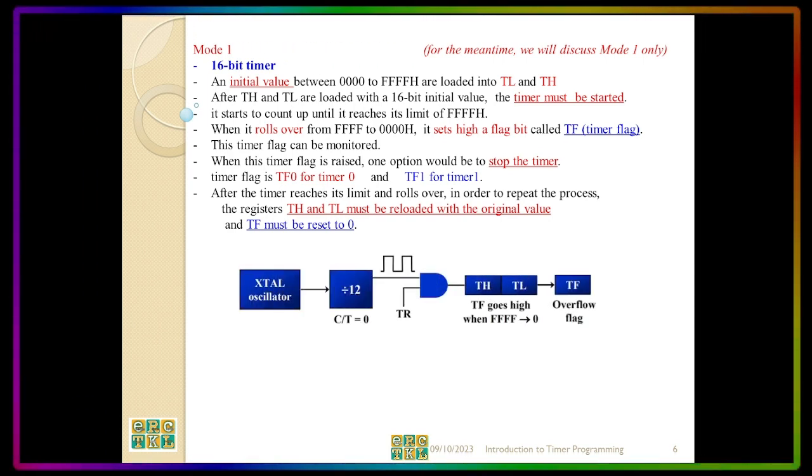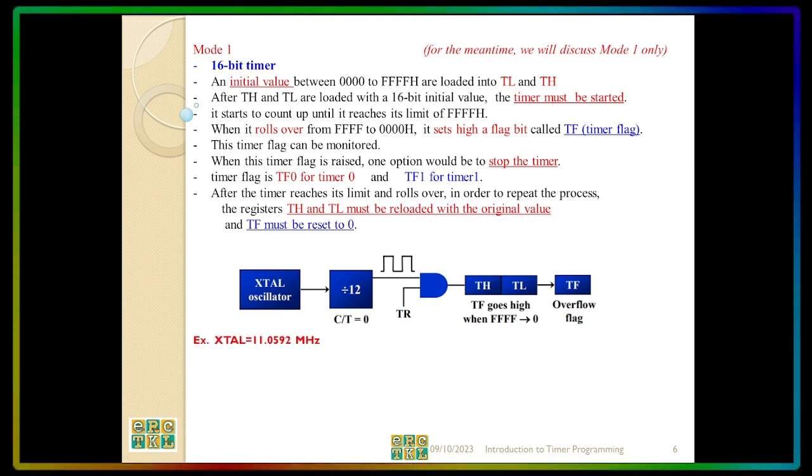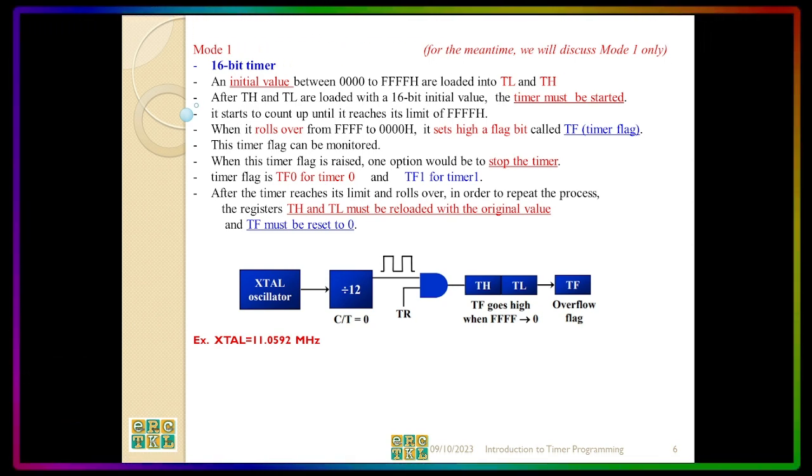So this is a figure to represent what's happening with our timer. The crystal oscillator has 11.0592 megahertz here as its frequency, and the C/T will be equal to 0. This means that our timer will really be used as a timer.